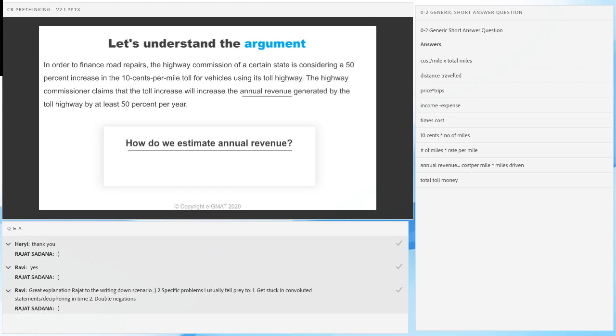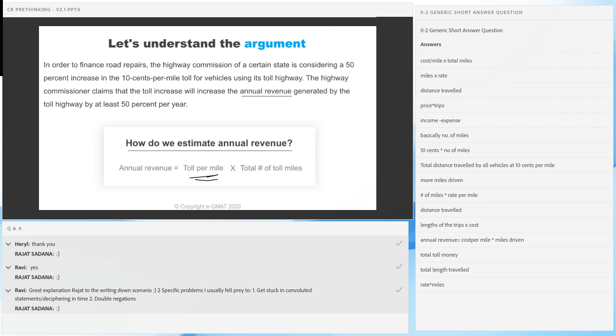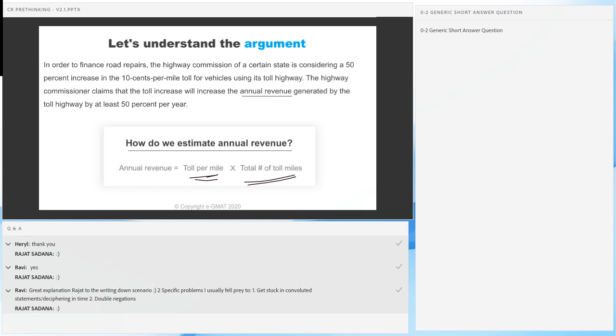Price times trips. Where do we see trips in the argument? Cost per mile times total miles. That's perfect. Annual revenue is toll per mile multiplied by the total number of toll miles. Is that clear for everyone? This is what annual revenue is, right?